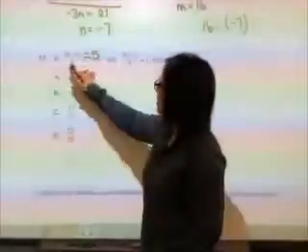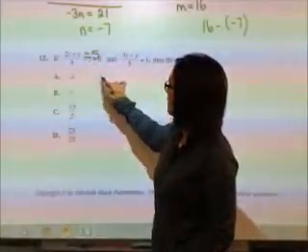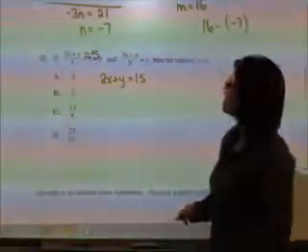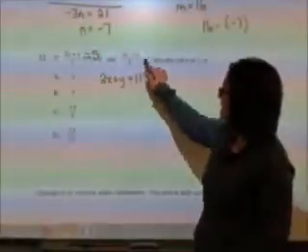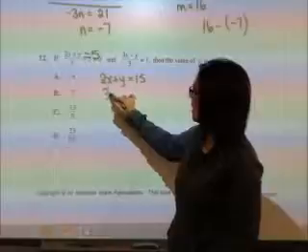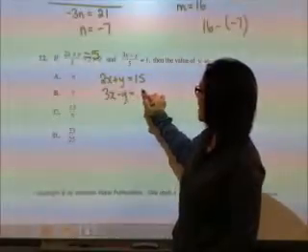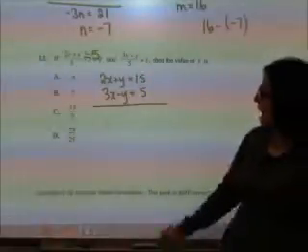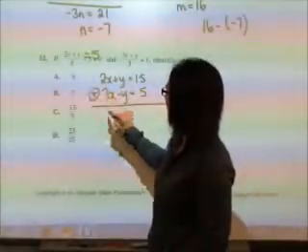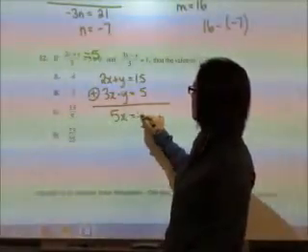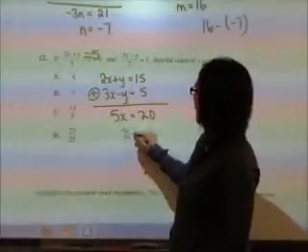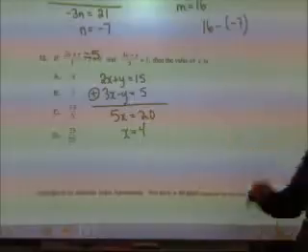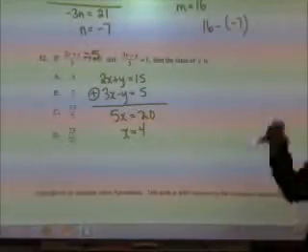Then if I multiply by 3, I get 2x plus y equals 15. And if I multiply this by 5, I get 3x minus y equals 5. Add the two equations, and I get 5x equals 20. So x equals 4. A is not the answer, because this is what x equals.